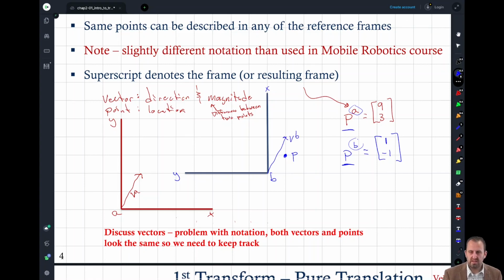So the thing to notice there is that with a point, which is a location, we're keeping that at the same exact spot. The vector, we're going to keep its magnitude and direction, but if we express it in terms of one coordinate frame versus another, we always start at the origin and then move in the direction and magnitude of that vector.